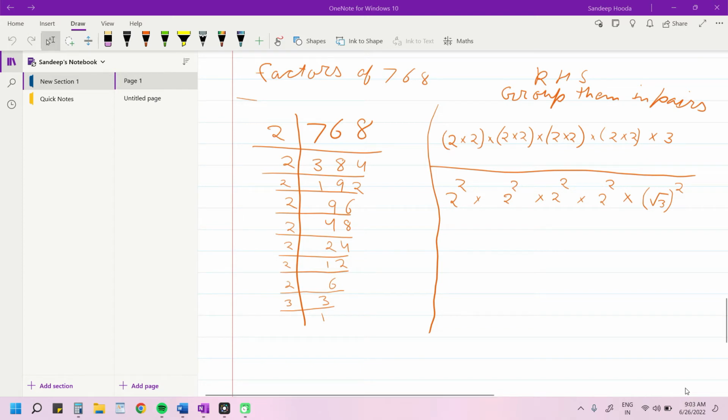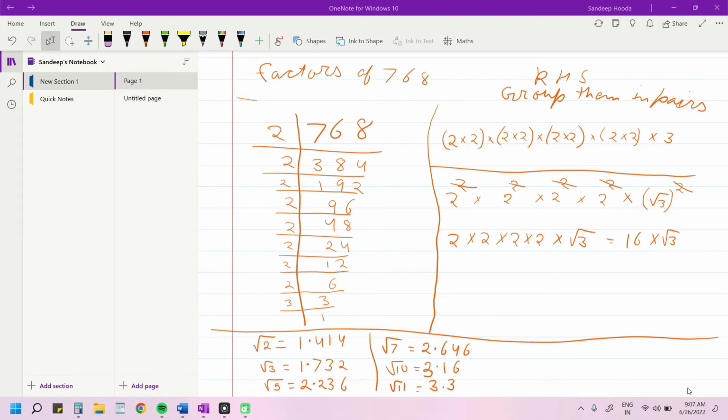So now we will ignore the powers of 2. And now we will multiply these numbers. And now we may remember the square roots of some prime numbers from 1 to 11 because they are frequently used. Below is the table that would help us to remember the square roots of prime numbers from 1 to 11.